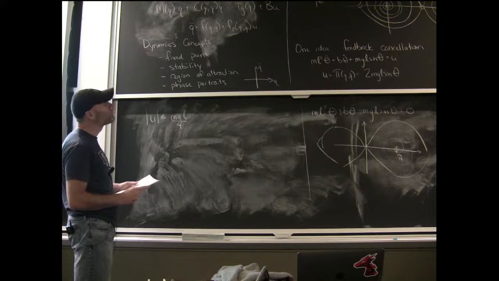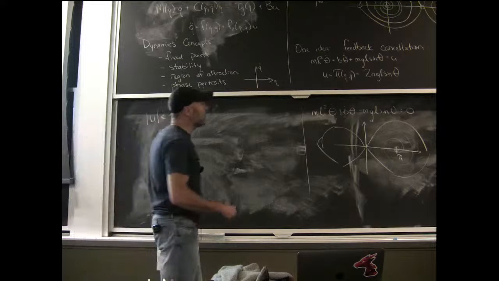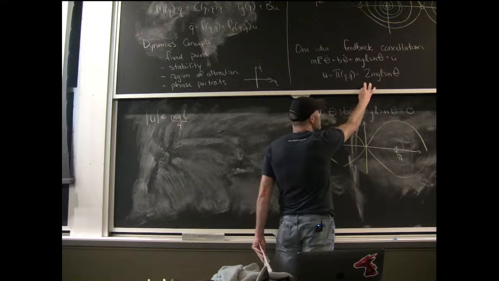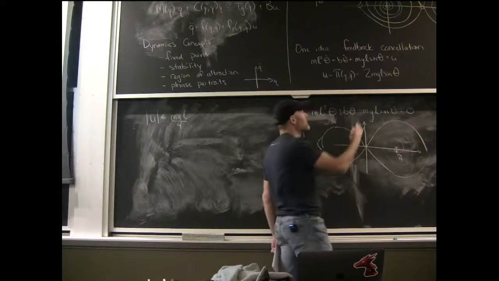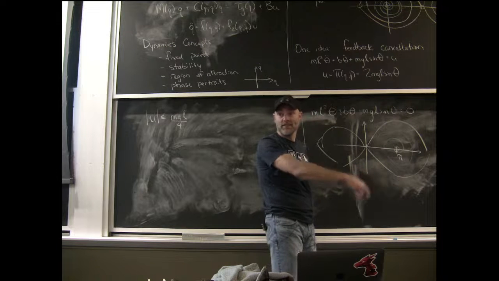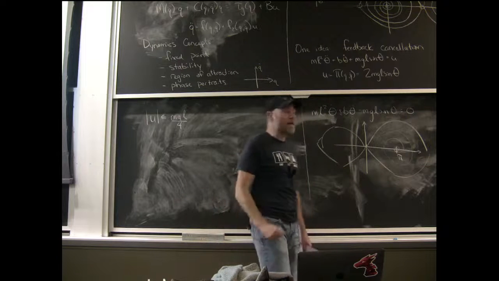Let me think the best way to do this. Let's just think of what the dynamics would be if I wrote this controller down and was just optimistic, but the actuator is just saturated. If I just ran with that controller, but just ran up against the torque limits, then what would happen?